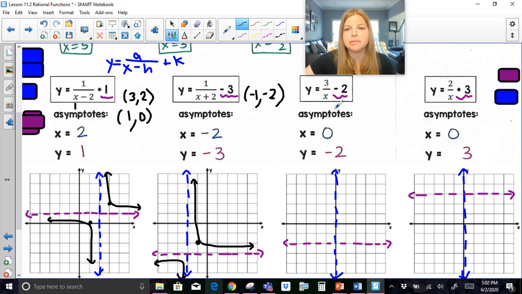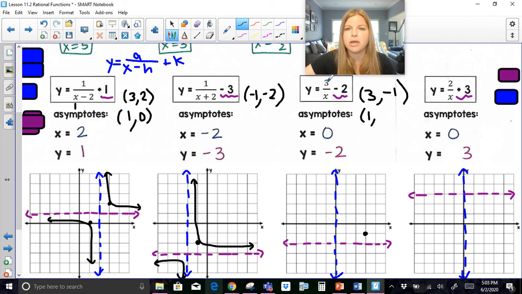Same idea here. A value that actually divides by 3 is 3. So if I plug in a 3 for x, 3 divided by 3 is 1. 1 minus 2 is negative 1. So 3, negative 1, this point. Now don't get this mixed up. It's not going to curve from here, because think about another number that divides nicely by 3.